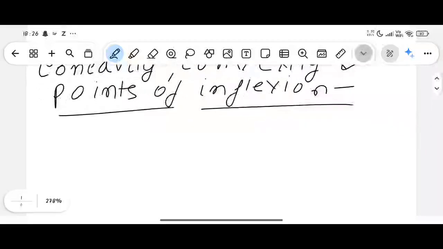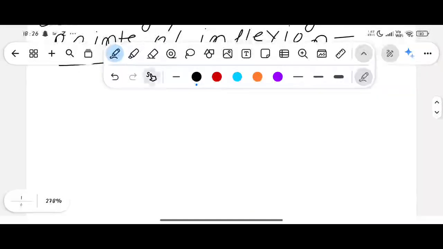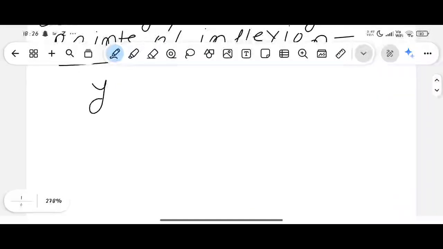So here I am taking a function, suppose y equals f of x, and we need to plot the graph of f of x.